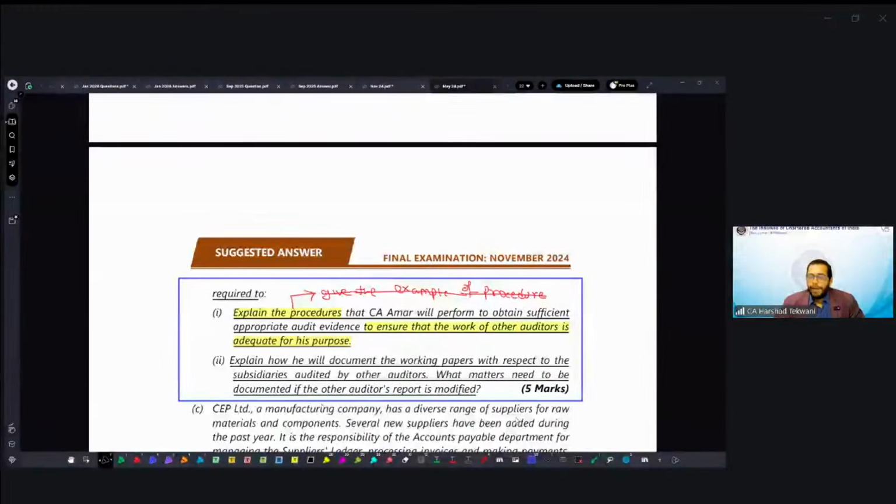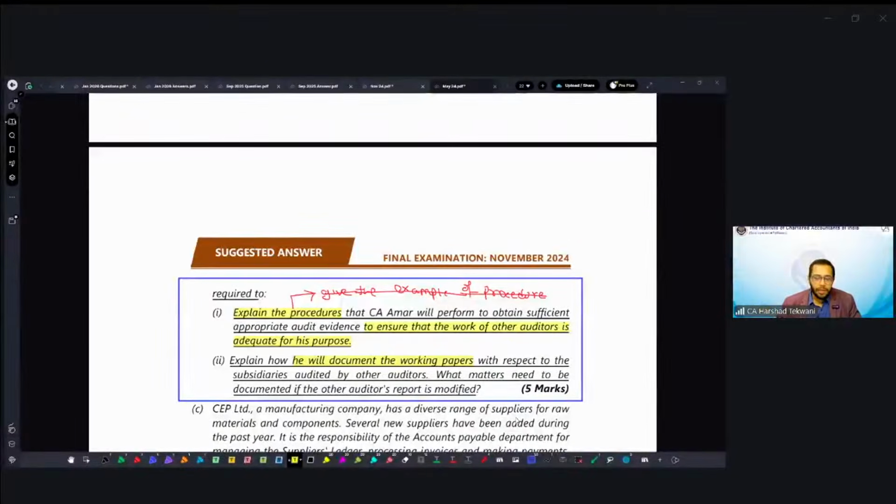Most of the students, when they see this question, will see this particular line: how he will document the working papers. They will go to risk assessment, fraud risk, materiality, all those things. In an exam, if you do not read the question appropriately, you may not get the appropriate meaning of what is being asked.